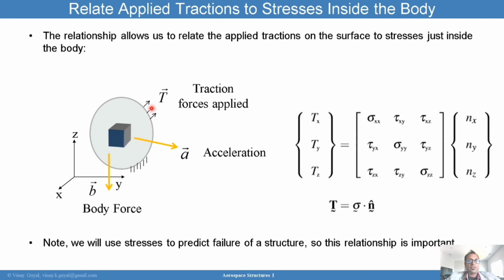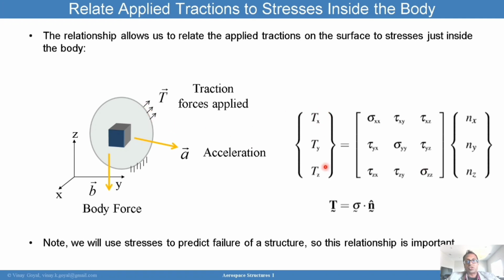But to get there, the first step is to relate these applied traction forces to stresses just adjacent to the surface. And to do that, you can also use Cauchy's relationship. Note that when traction forces are applied, they may not be aligned with the Cartesian coordinate system, while the stress components were defined with the Cartesian coordinate system X, Y, and Z. And so that's how you can use this information.